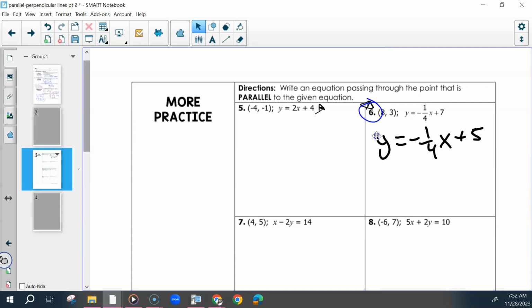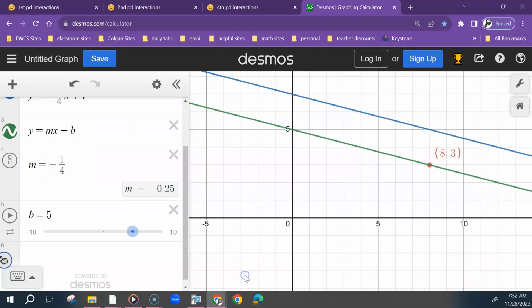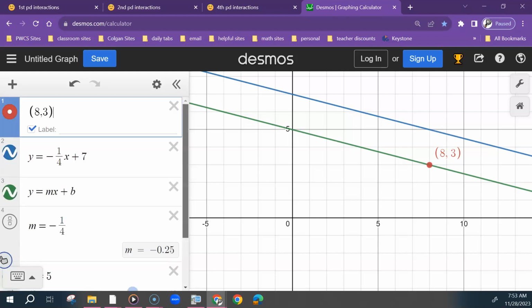We're going to do this one more time so you can see a perpendicular one with a little bit more work. We're going to do the same thing, but for number 11. I'm going to change the ordered pair to 2, 3.